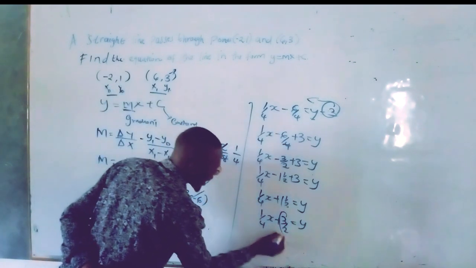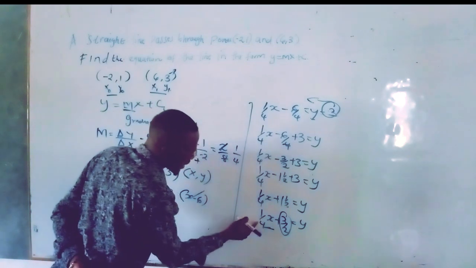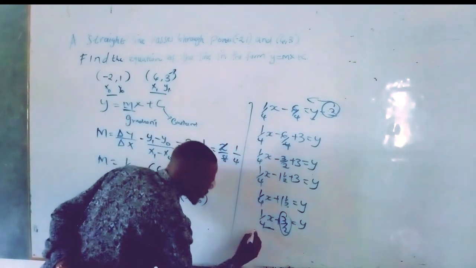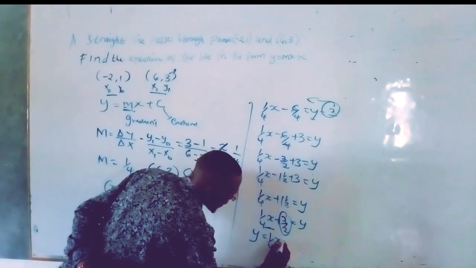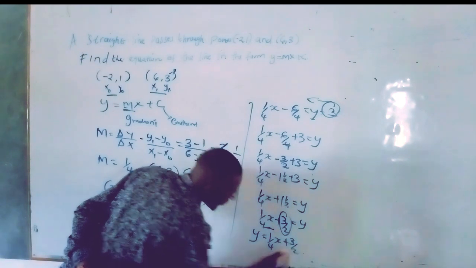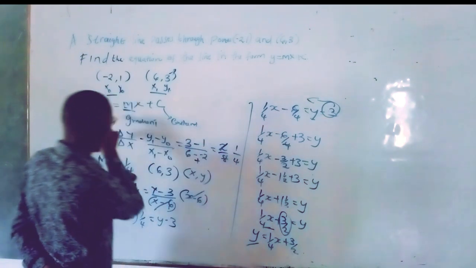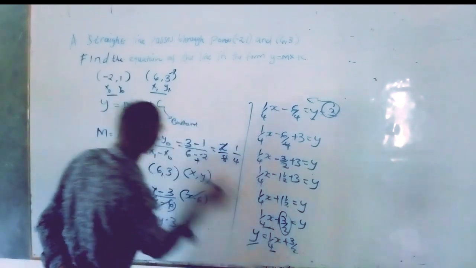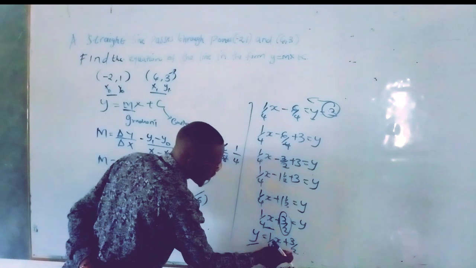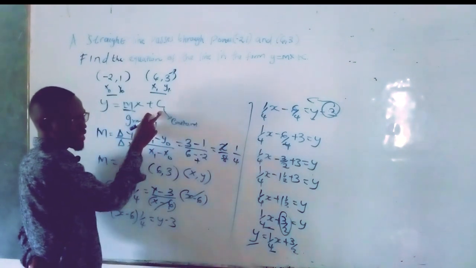So this one becomes my constant, this one the gradient with x, and this is y. So the final answer will be y = 1/4 x + 3/2, whereby we have our y, our quarter as our m, our x, and 3 over 2 representing the constant.